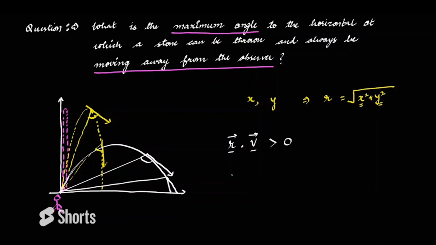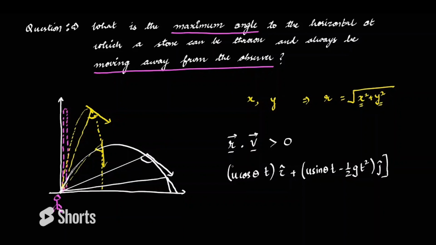R vector can be written down as u cos theta, you can say x is equal to u into t. So u cos theta t i cap, this is the position vector, plus u sine theta into t minus half g t square j cap.